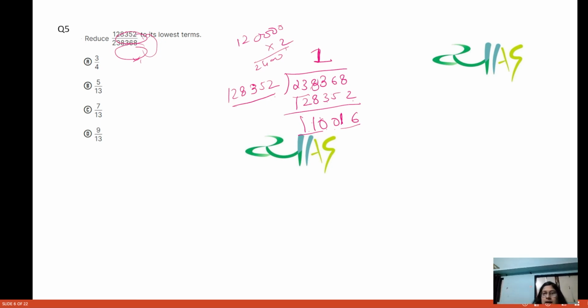Now what we are going to do here is take the number 128352 and put it here, and subtract 110016 from it, because you know 2 times will not work, so put 1 here. You are getting 6 here, then 4, then 3, then 8, and 1 here.